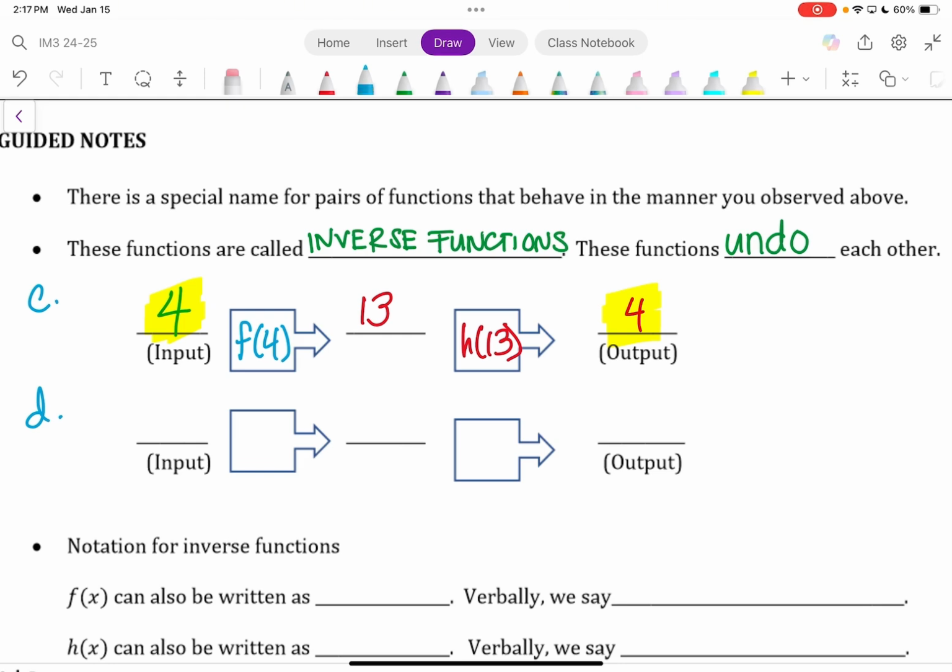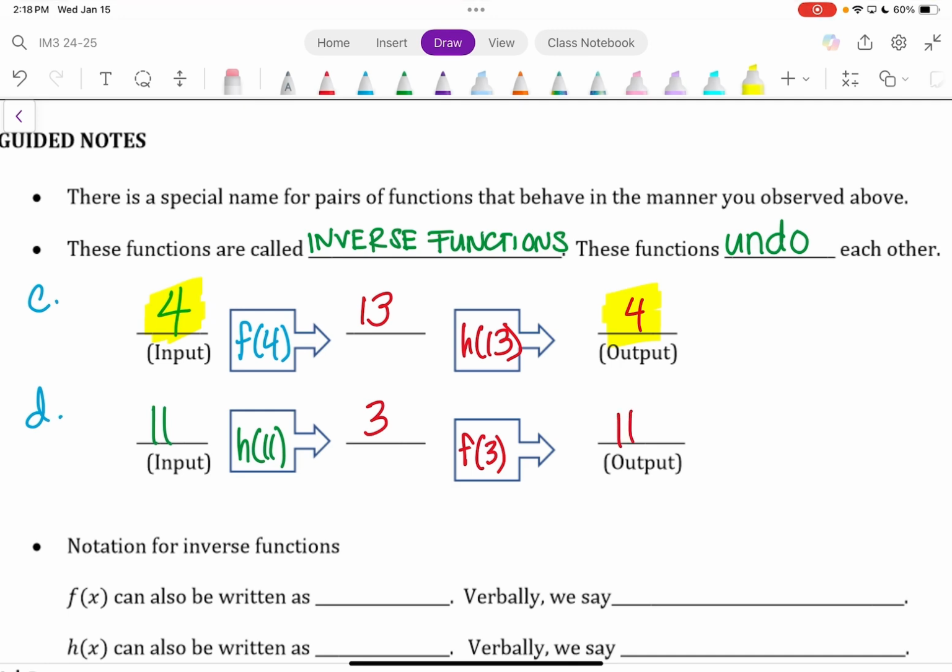Let's go ahead and look at the next example. In part D of the warm-up, we started with an 11, and it got plugged into function h. So we did h of 11. h of 11 gave us 3, which we then plugged into f. And what was the resulting answer?